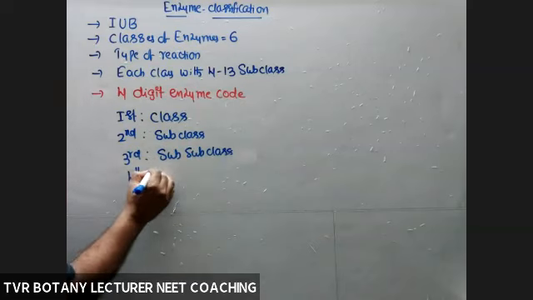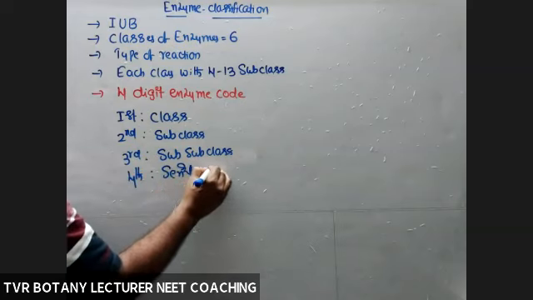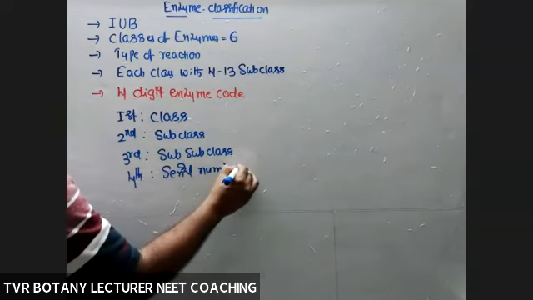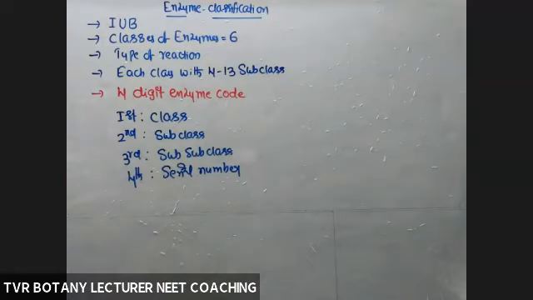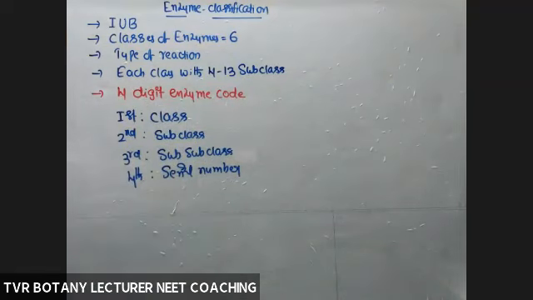Fourth digit, the serial number of that enzyme in the concerned class. So first position, second, third, fourth. How many digits? 4 digits, according to the IUB system. This is called the enzyme code, EC. On the basis of that nomenclature and enzyme code, we can identify the concerned enzyme.